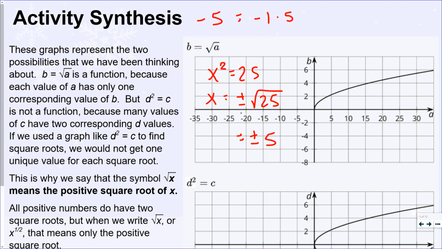But what we do is keep the root 25 as positive, and we allow potentially a multiplication by -1. So the square root of 25 by itself is 5. End of story.